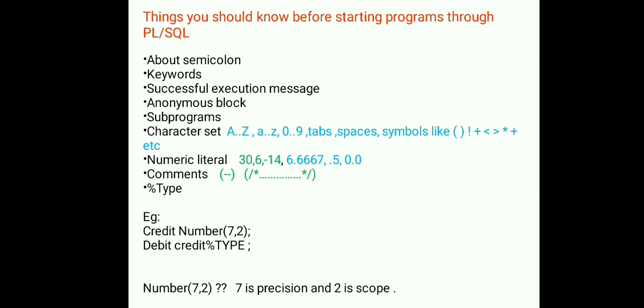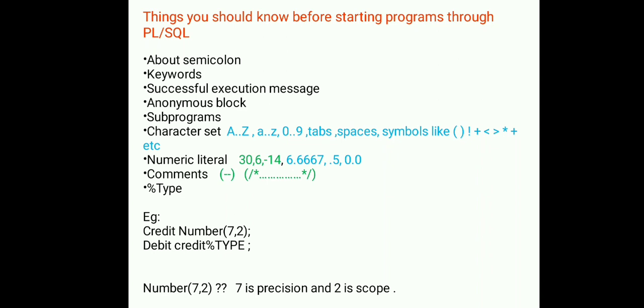In PLSQL we can have a single line comment by giving a double hyphen, and if you want to give multi-line comments, then you need to use slash asterisk, then whatever lines of comments you want, and at the end you need to give star and then slash.